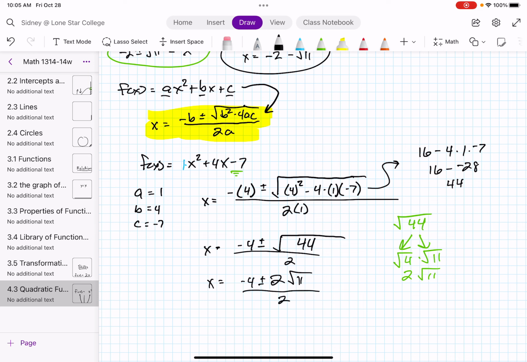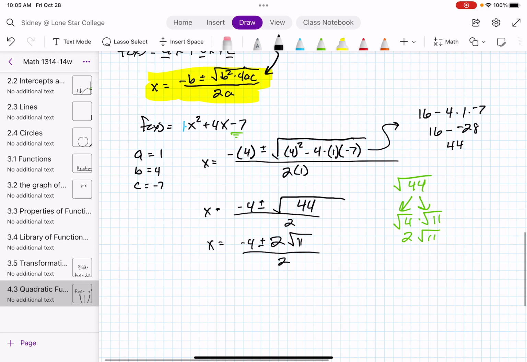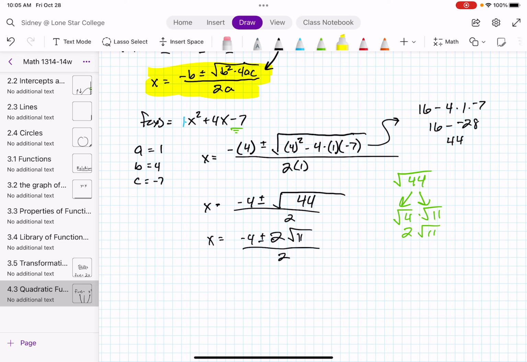Now, when you have this whole fraction, all that stuff on top divided by 2, it basically means divide both terms by 2. So divide this by 2 and then divide this by 2. So negative 4 divided by 2 is negative 2. We got plus or minus. 2 square root of 11 divided by 2 is just square root of 11.